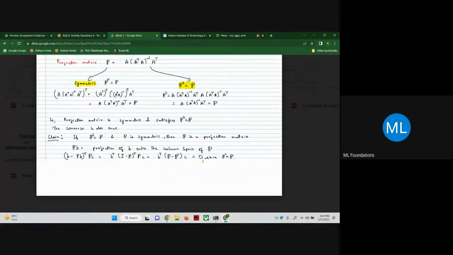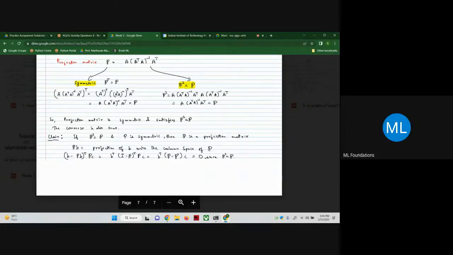Just because P square equals P does not mean that P is the identity matrix. For the identity matrix, I square equals I holds true, but P need not be the identity matrix here.